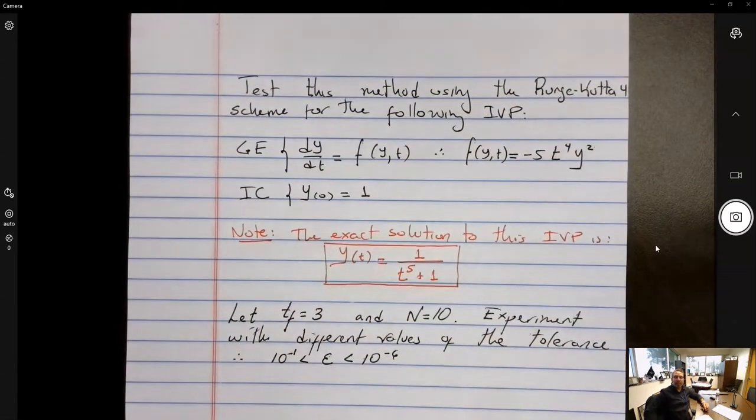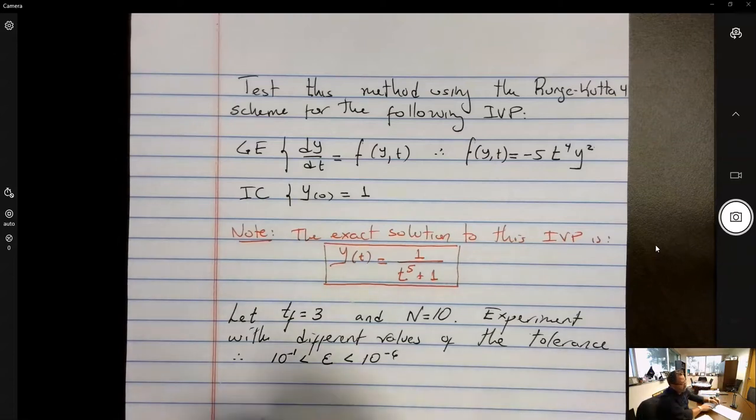Okay, establish the tolerance that you arbitrarily set. If you use 10 to the minus 6, you're basically saying, I want my solution to be at least accurate within the bound of 10 to the minus 6 in the absolute error.